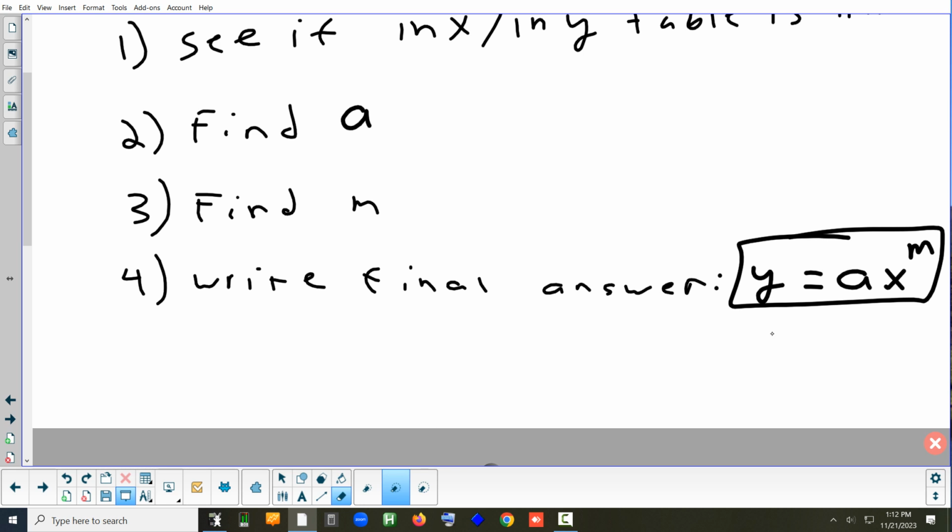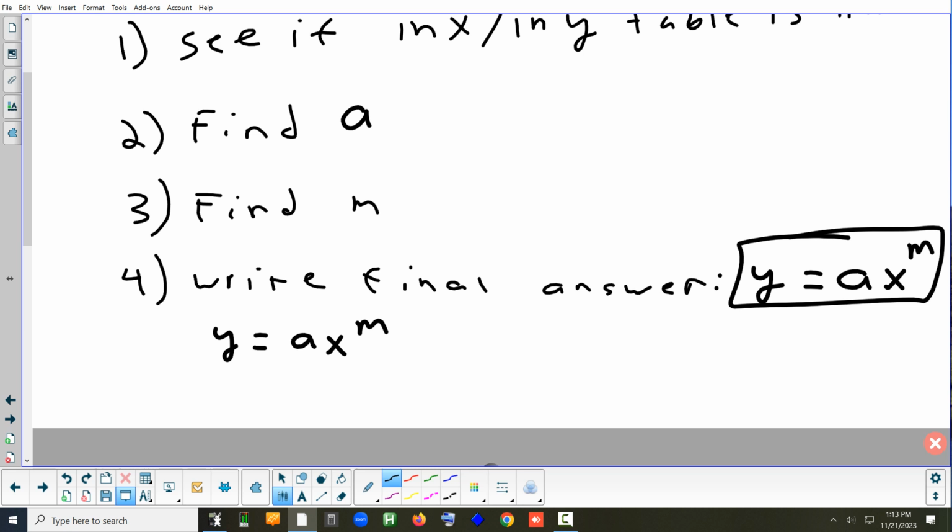Now, how are we going to get the A and the M? That's what we need to look at. Let's take that formula, y equals ax to the m. That's how your final answer is going to look. But we've got to figure out how to get the A and the M. And I'm going to show you the formula we can use to do that.